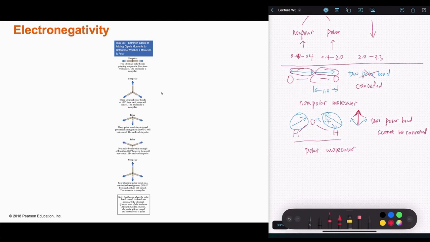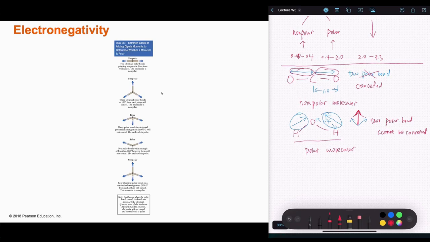However, if the molecule has certain polar bonds, that does not necessarily mean this molecule is a polar molecule, because in some cases, the dipole moments of different polar bonds can be cancelled if those dipole moments are of exactly the same scale but pointing in exactly different directions.